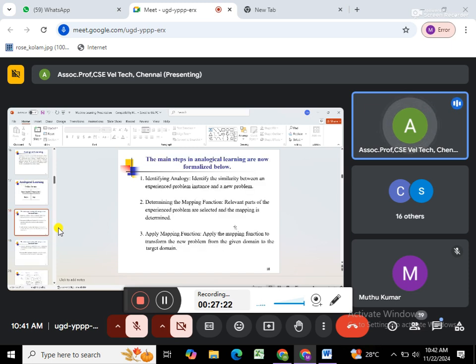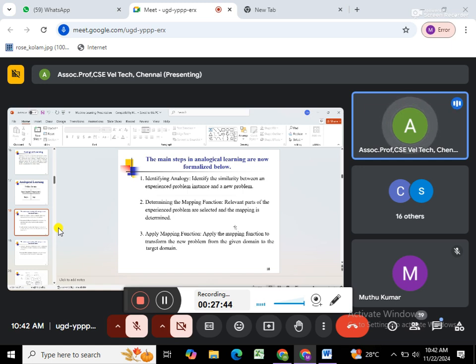So the main steps involved in analogical learning are now very clear, beginning with formalizing and identifying the analogy. Identifying analogy means what? Through some experienced problem instances and a new problem we are demonstrating. Already we have some experienced problem instances, and when a new problem comes in, we have to identify the similarity between them.